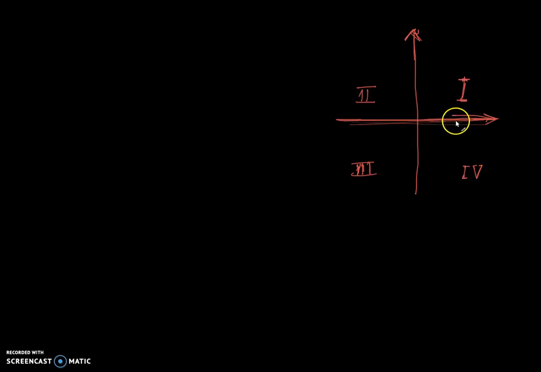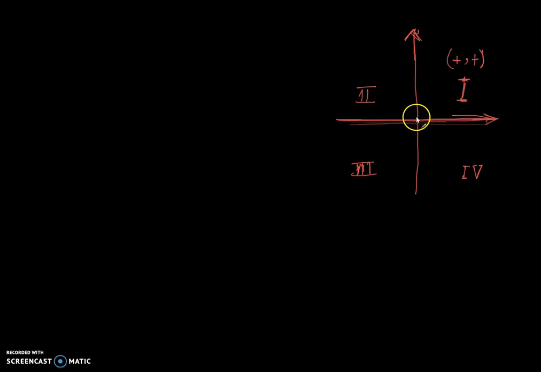And you know that in the first quadrant, x is positive and y is positive as well. If I were to write the x and y's as pairs, here you can see that the x's are positive, y's are positive.